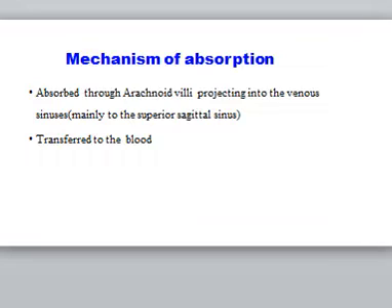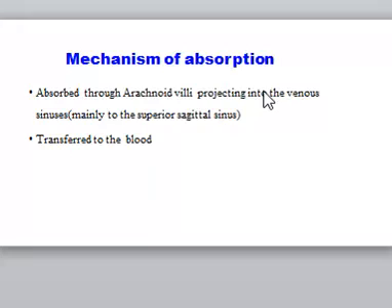Next, the mechanism of absorption. The cerebrospinal fluid is mostly absorbed by the arachnoid villi into the dural sinuses and spinal veins. A small amount is absorbed along the perineural spaces into the cervical lymphatics. The mechanism of absorption is by filtration, due to the pressure gradient between the hydrostatic pressure in the subarachnoid space fluid and the pressure that exists in the dural sinus bed.